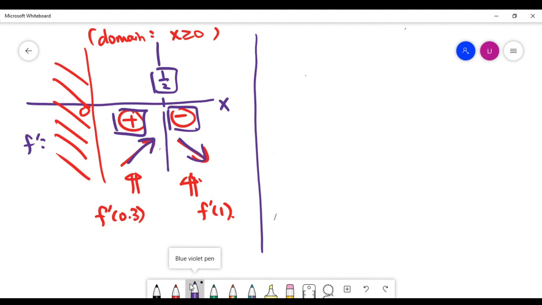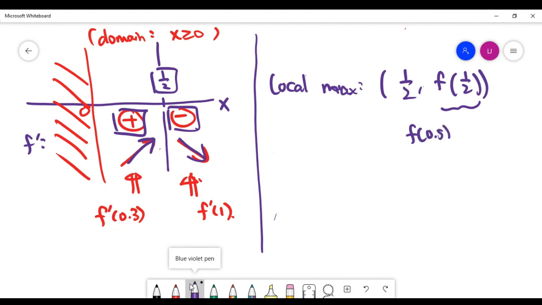So we have only one local maximum. We'll put it here. The local maximum is at the point where x is 1 over 2. The y coordinate of this point is f of 1 over 2, and f of 0.5 is the same as square root of 0.5 times e to the power minus 0.5. For the numerical answer, you can easily do it by calculator. We don't have to mention that.